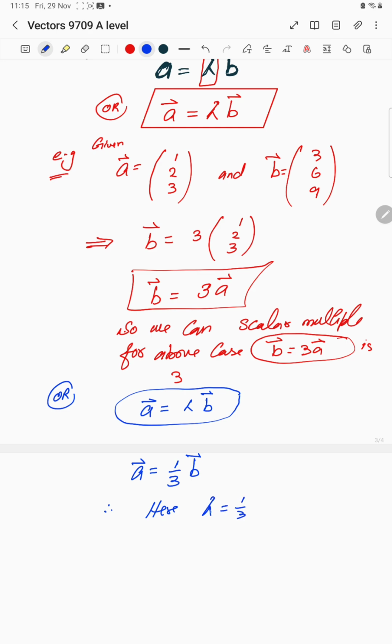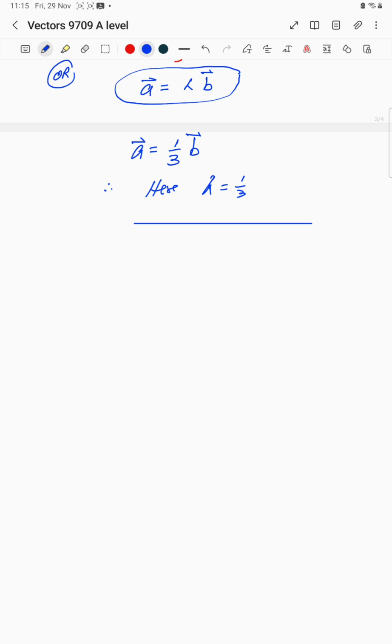The scalar multiple is 1/3. So you need to be careful about the order you are writing, from B to A or A to B, and accordingly the scalar multiple lambda changes. I hope it is clear.